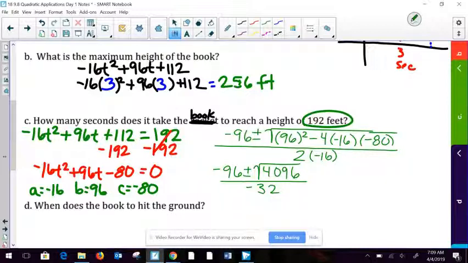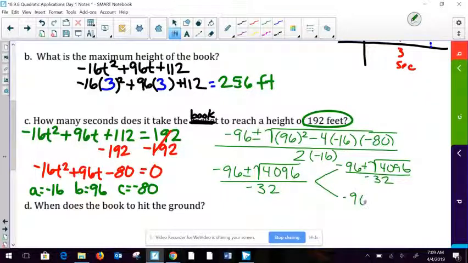So now that I have that number, I'm going to tell you some exciting news. We do not have to worry about breaking down our radical. We don't have to worry about exact and approximate answers. All we're going to do from this step now is do our plus equation and our minus equation and find our decimal answers. So we split this into our two problems. Negative 96 plus the square root of 4096 over negative 32.